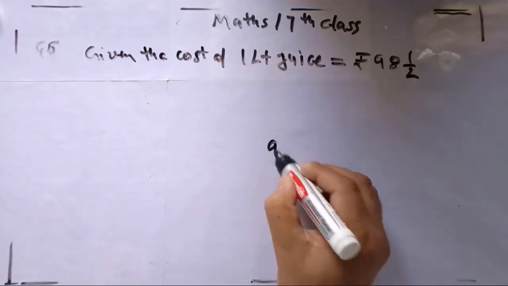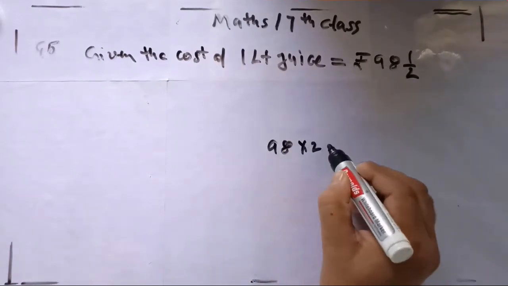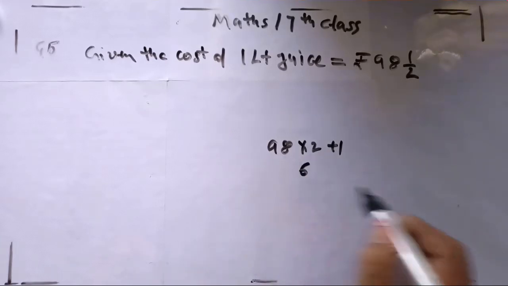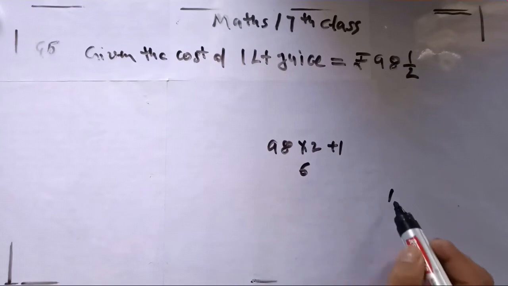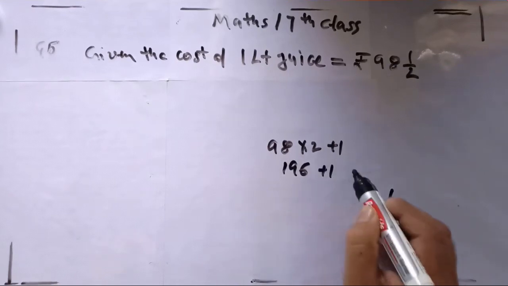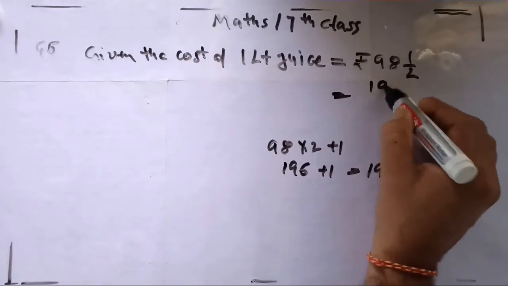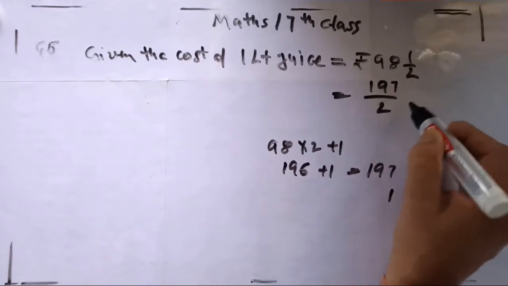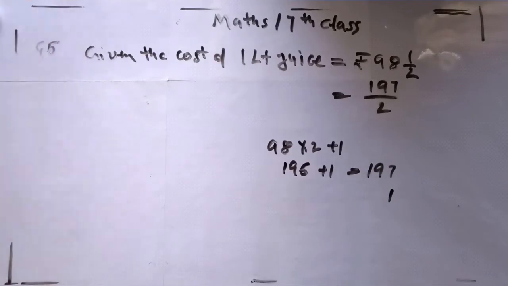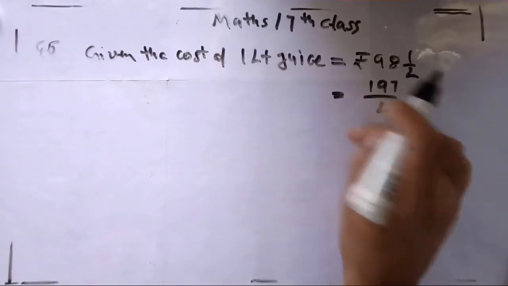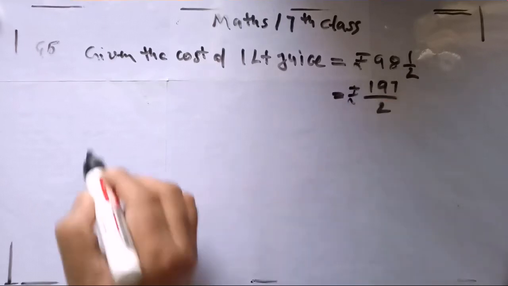Rupees 98 and a half means 98 into 2 plus 1, that is 197. So this is 197 over 2, the cost of 1 liter of juice.